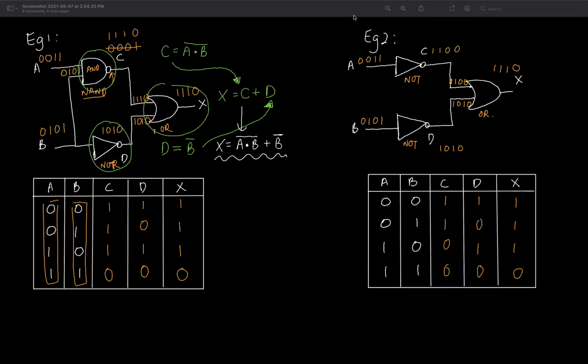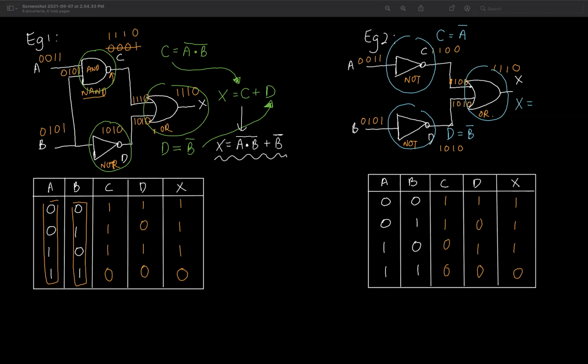How about the Boolean expression? Write the Boolean expression. We start with this NOT gate. C equals not A, so A bar. This one, the D outcome, equals B bar. And for this one, X equals, what is the input?